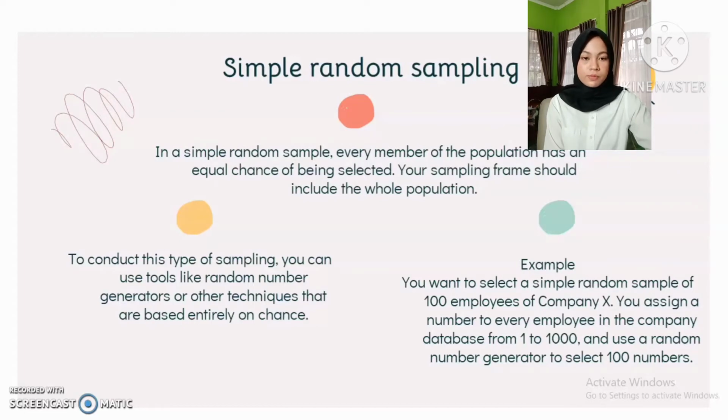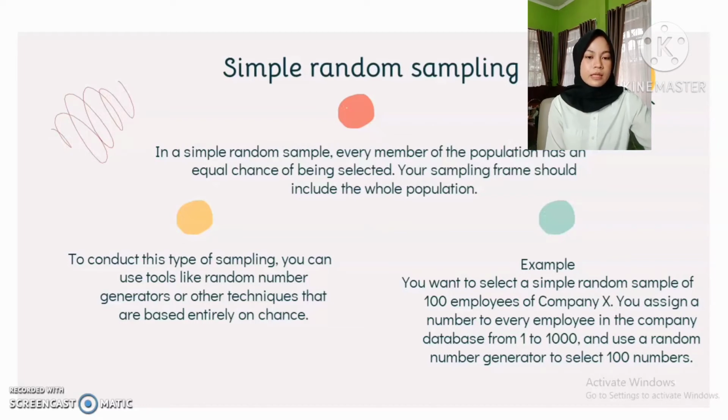For example, you can read on the screen. You want to select a random sample of 100 employees of company X. You assign a number to every employee in the company database from 1 to 1000 and use a random number generator to select 100 numbers.